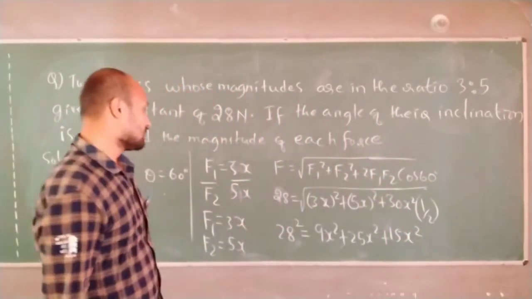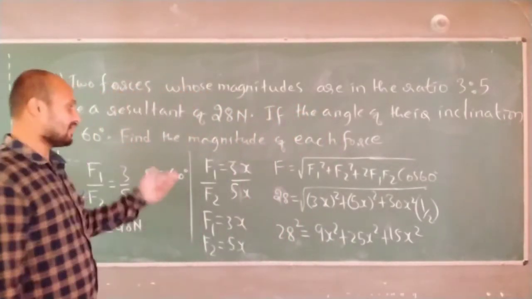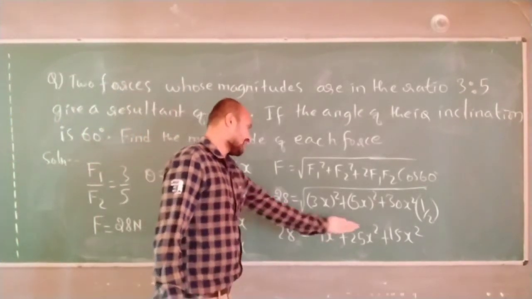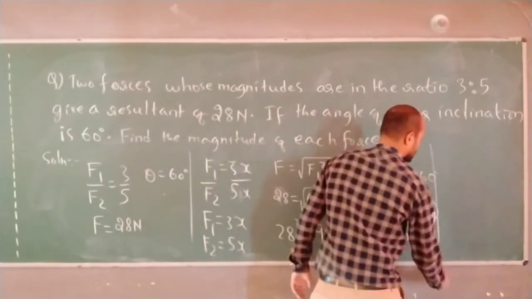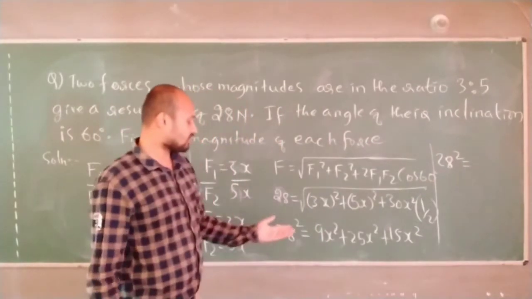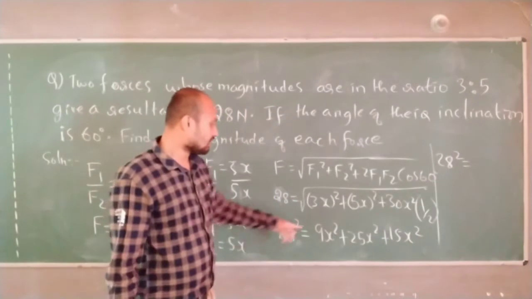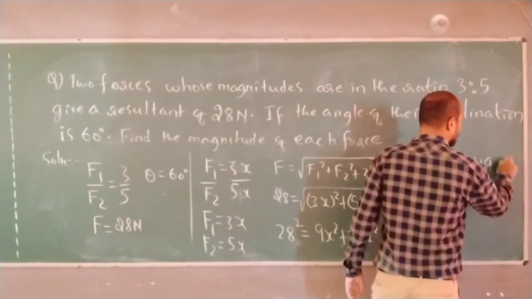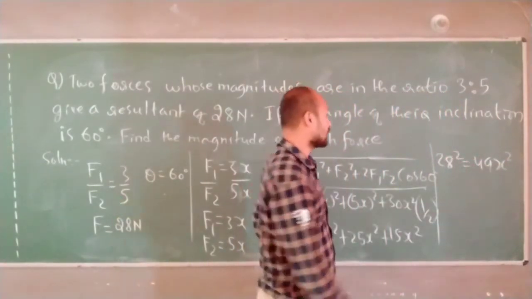Got it? 25 plus 15 is 40, plus 9 is 49. So 28 square is equal to 49x square. 49 can be written as 7 square.